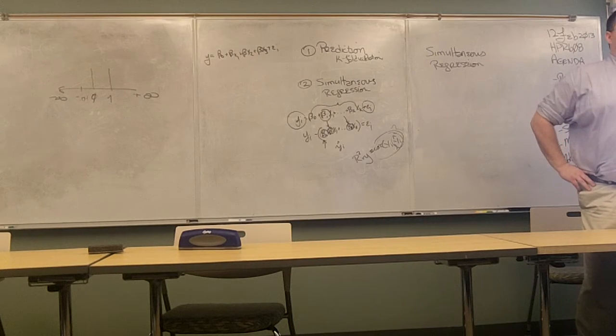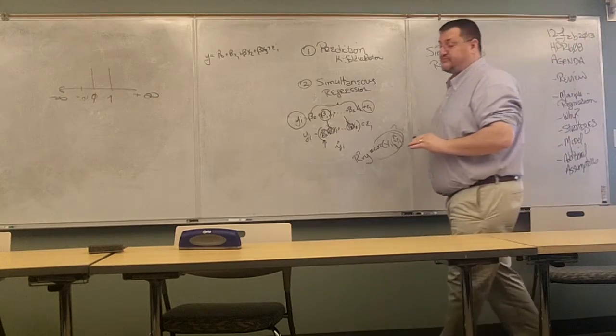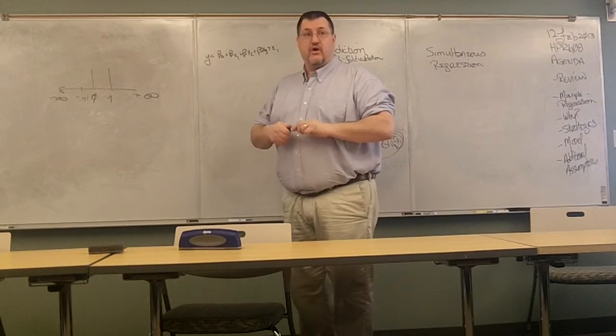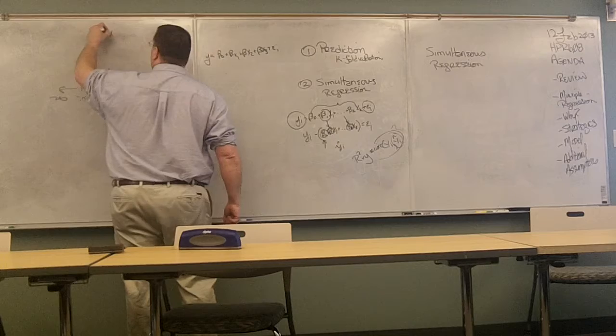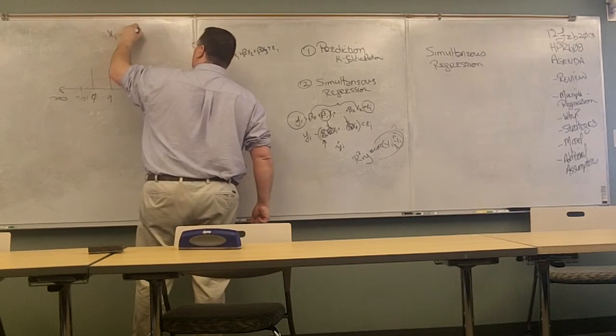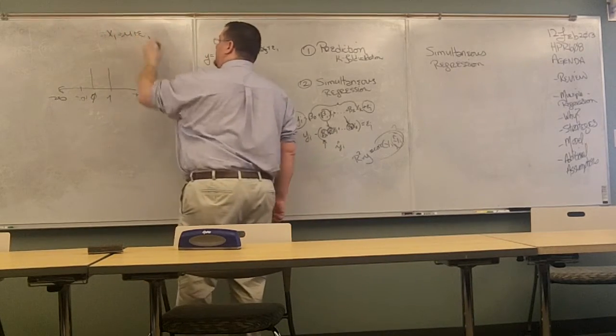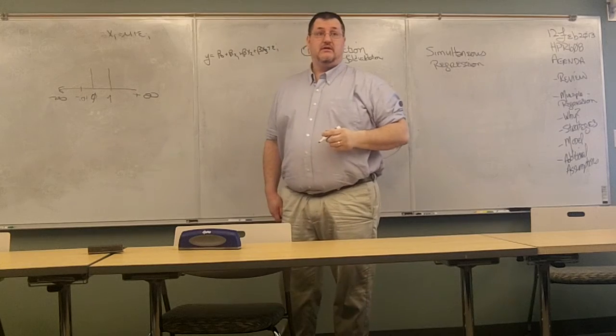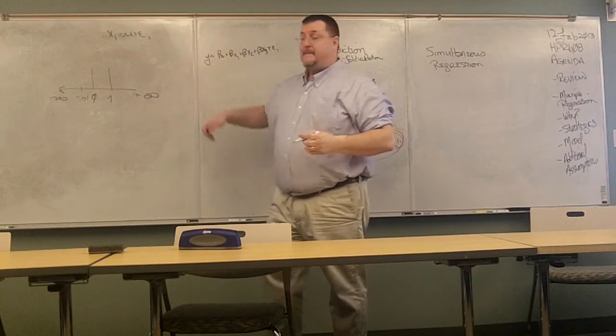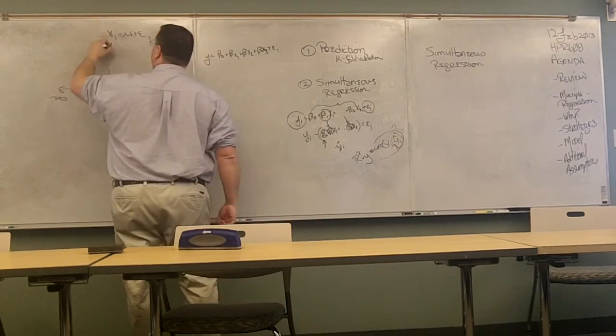You mentioned something about the difference between general and generalized. Okay, so the simplest model we wrote down looked like this. That's our univariate model. And then we generalized that to look like this.